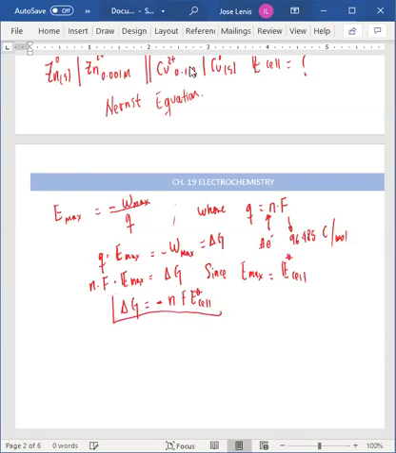That's the relationship between potential of the cell and the free energy. So remember, for the system to be spontaneous, delta G has to be negative.